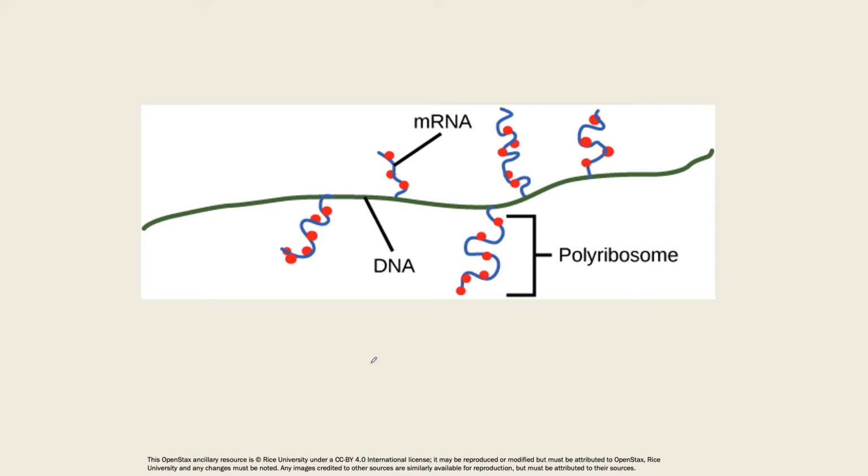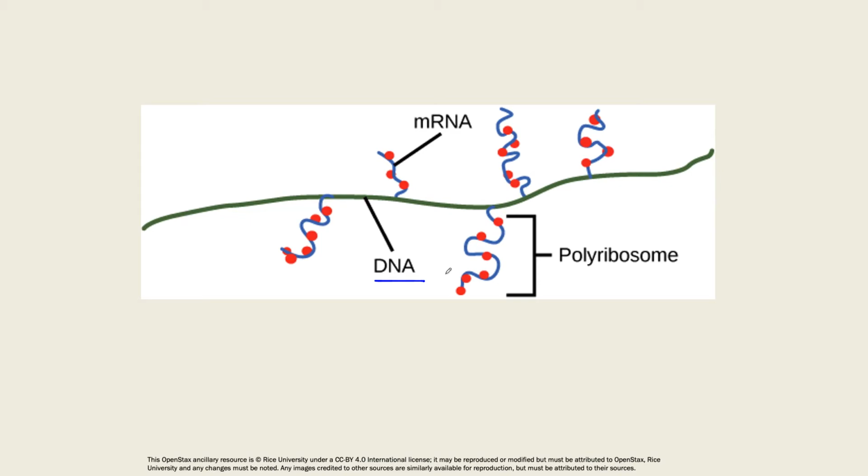So what I want us to see here for just a second, I want you to look at this, and I want you to first notice that this green line is the template DNA that's being transcribed. Those circles shown in red are ribosomes. And the blue lines are the mRNA transcript that's being produced.